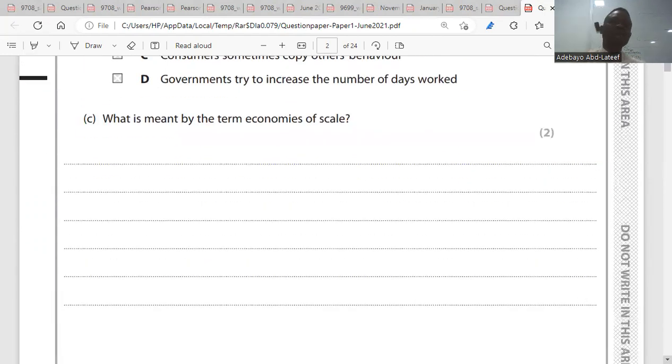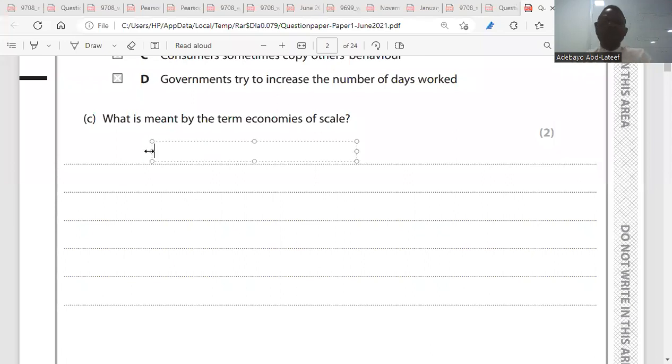It said, what is meant by the term economies of scale? Economies of scale is an average cost reduction as a result of expansion, or as a result of an increase in output. Is it clear? Let me just write it very quick.